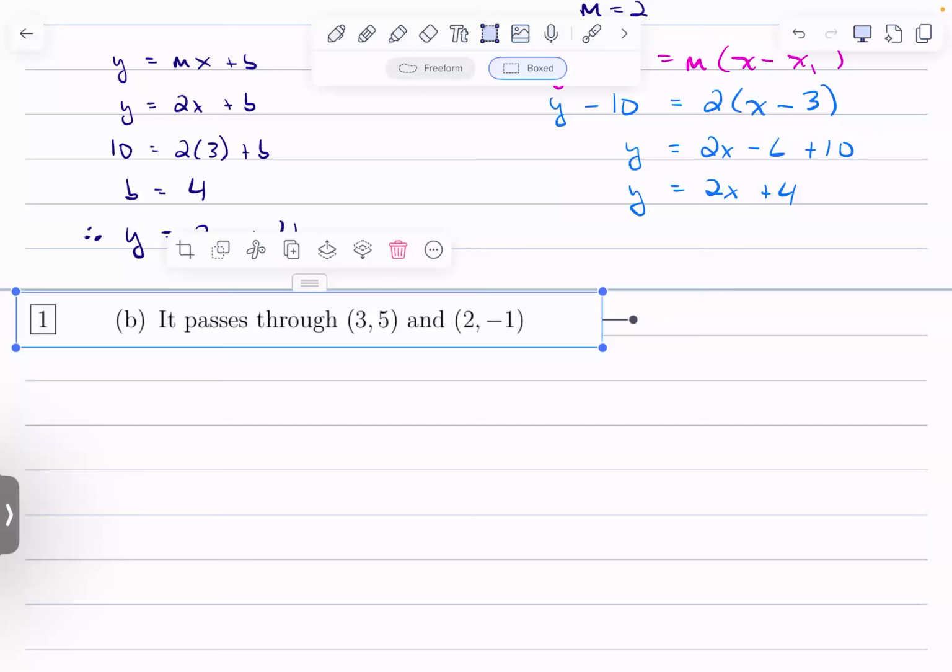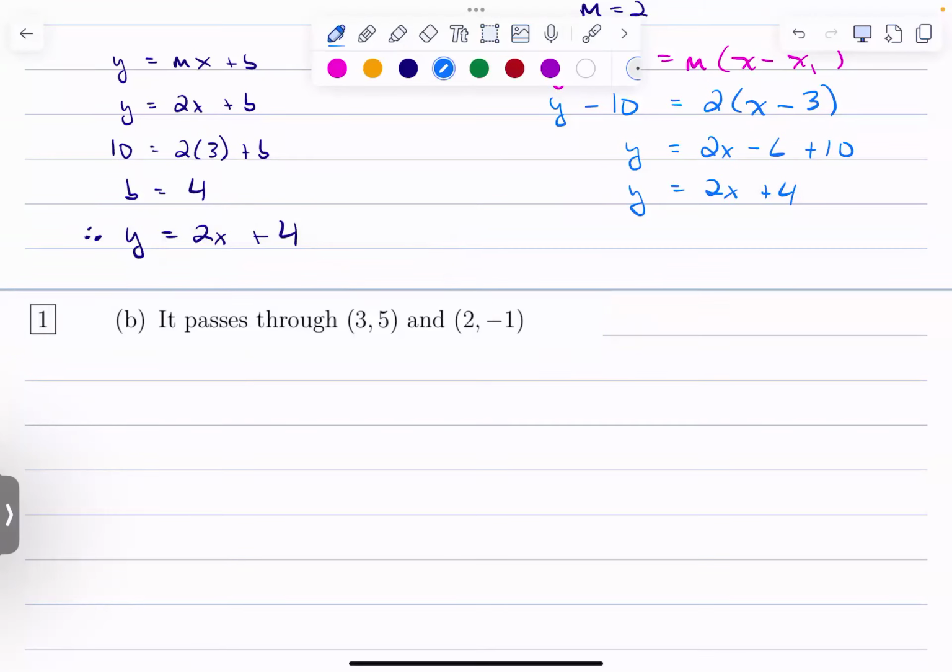What you'll find is that there are some 1 markers that are worth more than others. I guess this one should probably be 2 marks. Why? You'd have to find the slope first and then find the equation of the line, right? Kind of a 2-step process. We'll do it, and then you can decide if you want to up it to 2 marks or keep it at 1 mark. Just depends on how confident you're feeling.